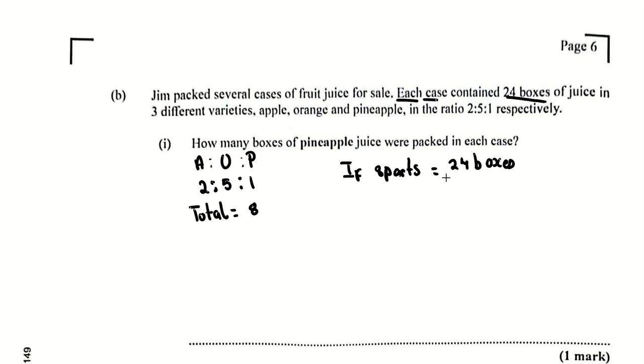So if 8 parts is 24, then 1 part would be 24 divided by 8, which is equal to 3 boxes. So in one case, pineapple is only 3 boxes. That is how you would do this question here.